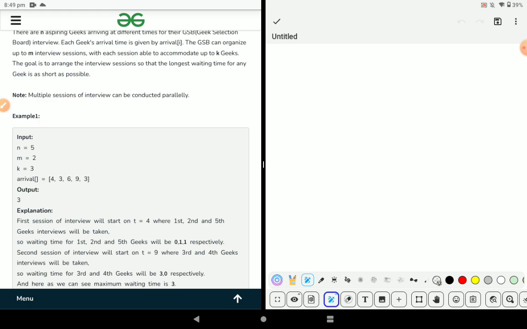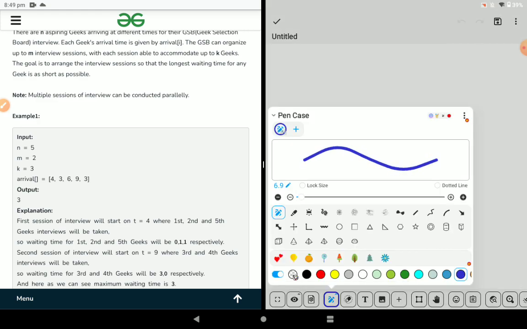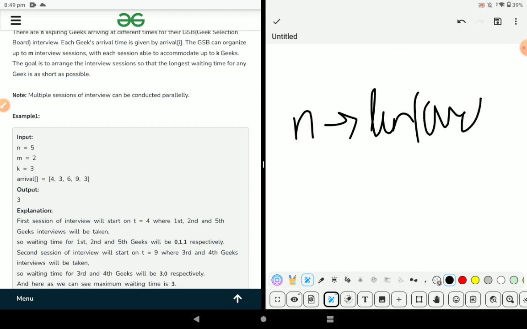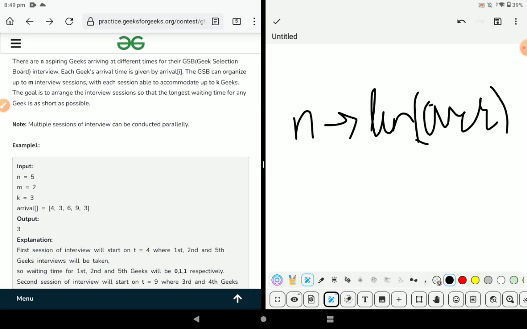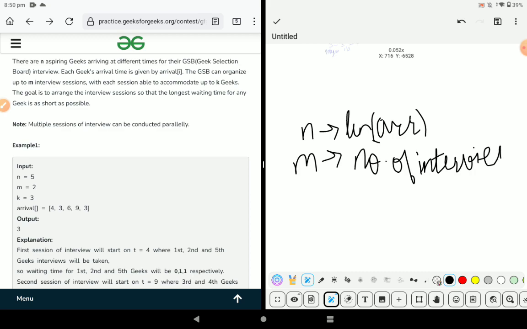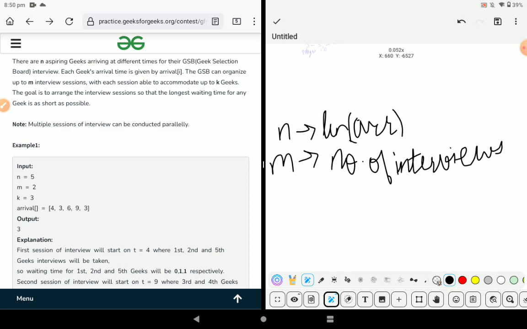We have been given the length of an array, n equals the length of the array. Then m is the number of interview sessions, up to m interviews.